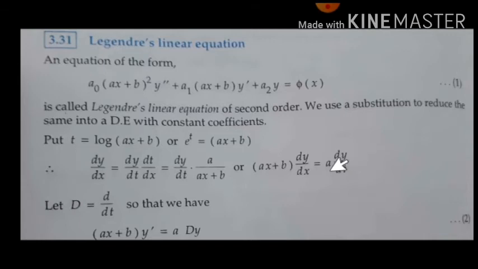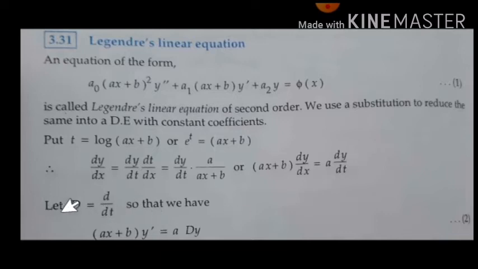If we take dy by dt as capital D. In the previous problems with differential equations with constant coefficients, we used to take the capital D differential operator as d by dx. Now here I am converting into the form of t. Hence the capital D differential operator, keep it in mind, is of the form d by dt. The independent variable is t.